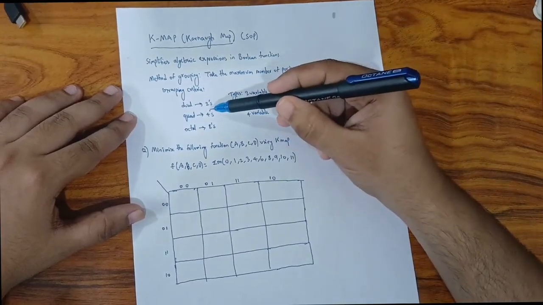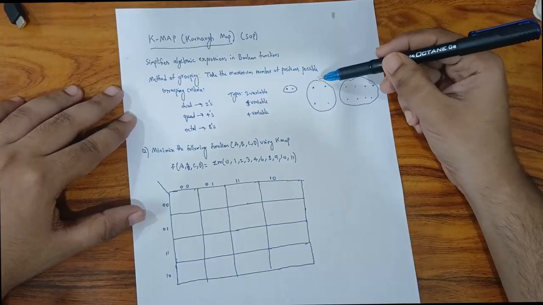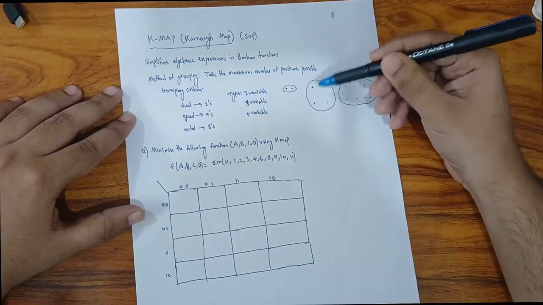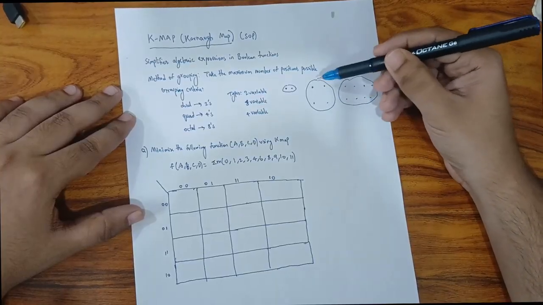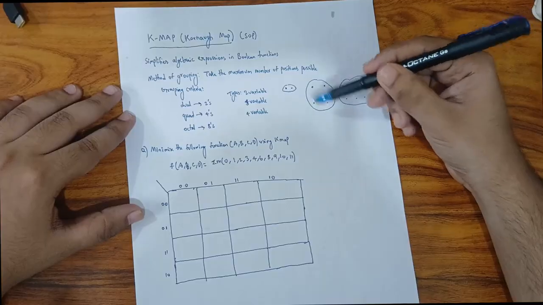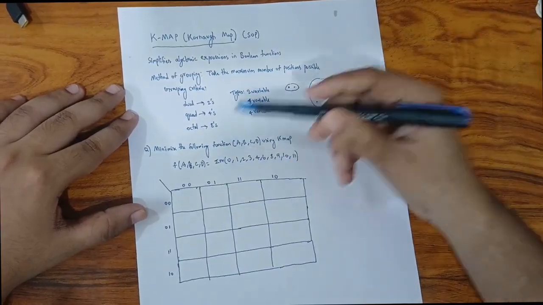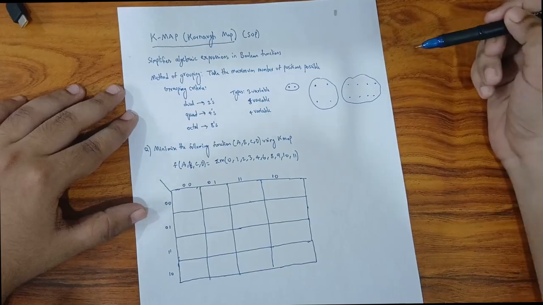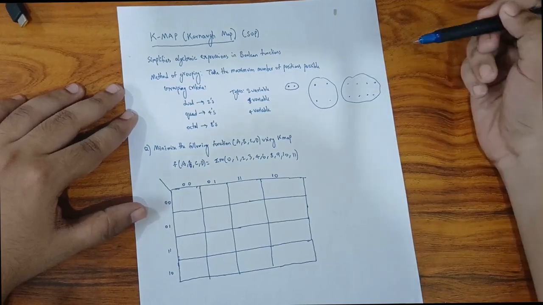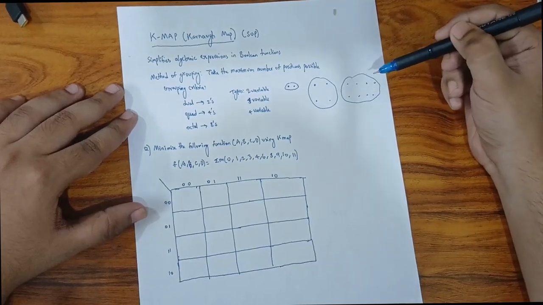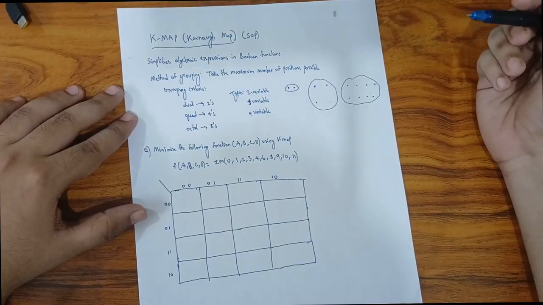The second criterion is quads, where we round off a set of 4 elements or minterms in the kmap which are adjacent to each other. Similarly, we have octals, which is exactly the same as before, but we consider 8 minterms.